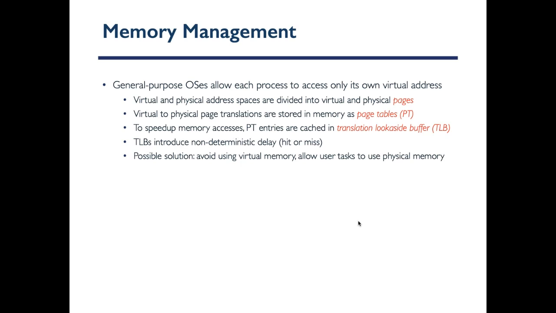Now, in order for us to do this efficiently, general purpose operating systems usually divide the memory into pages. Both the virtual memory and physical memory are divided into fixed size pages.